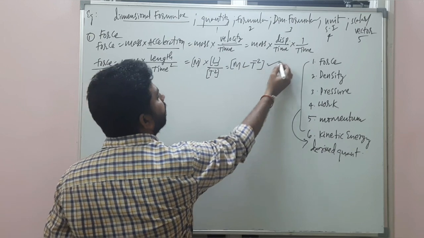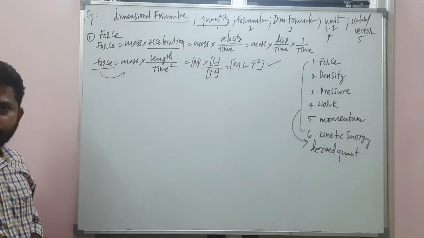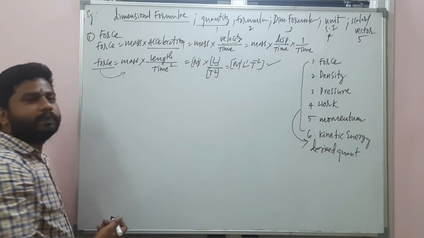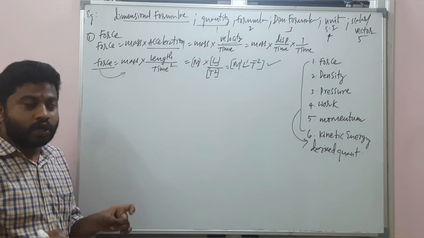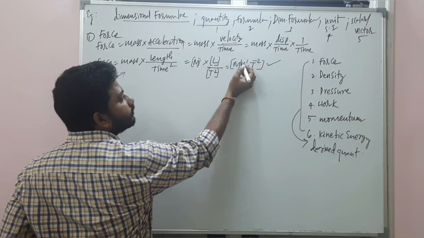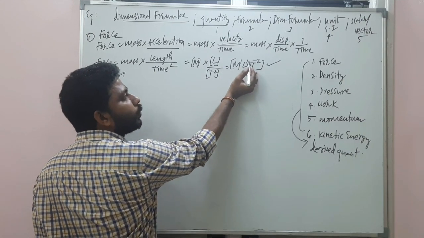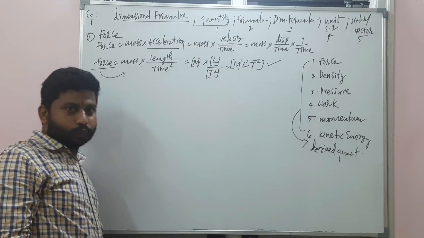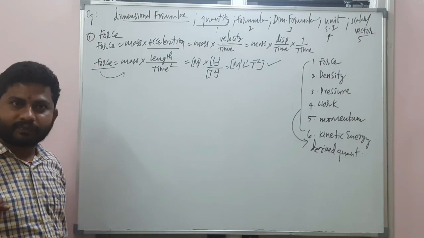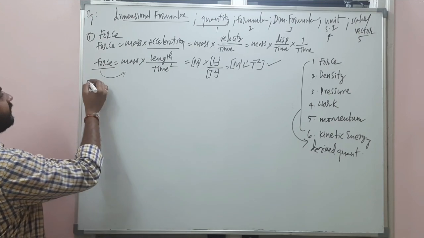What are the dimensions of the force? M to the power 1, L to the power 1 and T to the power minus 2. That means to represent the physical quantity called force, mass is raised to the 1, L is raised to the 1 and T is raised to minus 2. Okay, clear?